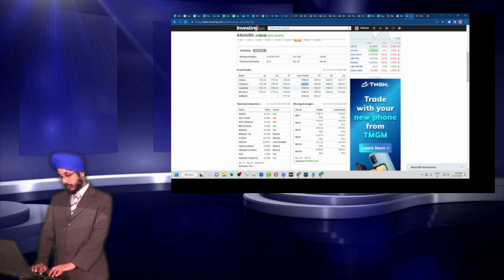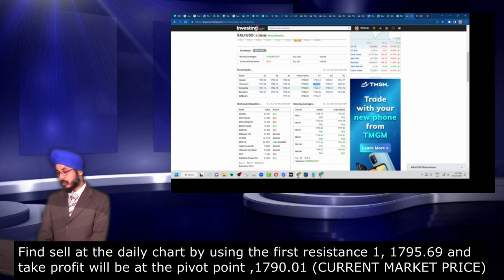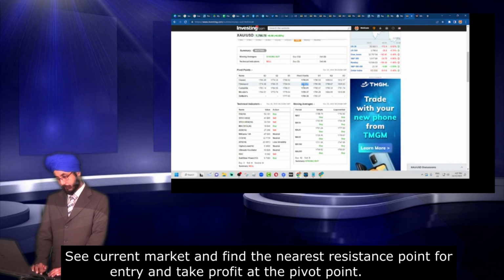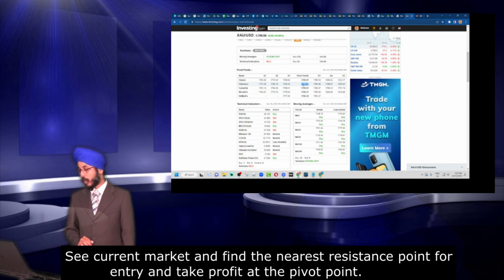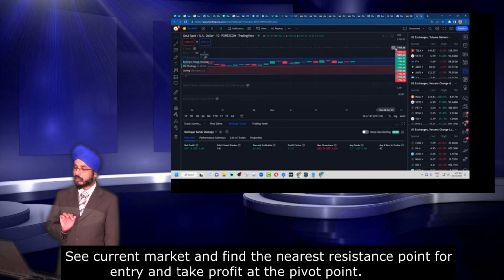We have resistance 1, resistance 2, and resistance 3. We can place our entry at resistance 1, which is 1795.98, with the take profit at the pivot point, which would be 1790.01. So this is how we can go with our fundamental and also our technical analysis.